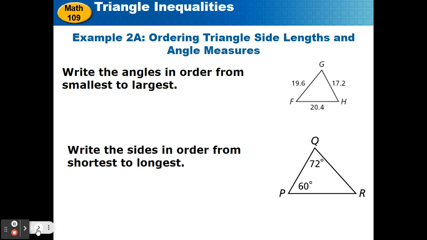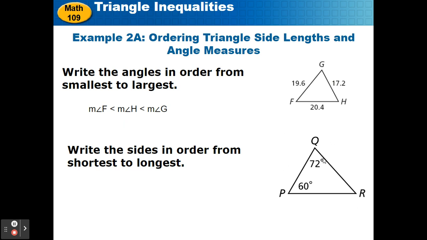When we're writing these comparisons, we're talking about measure. So by measure, my smallest angle is going to be angle F, or GFH. My angle of medium size is going to be angle H, and my largest angle is going to be angle G. I want to note that I have measures of all of these angles that I am comparing. The measure of F is less than the measure of H is less than the measure of G.